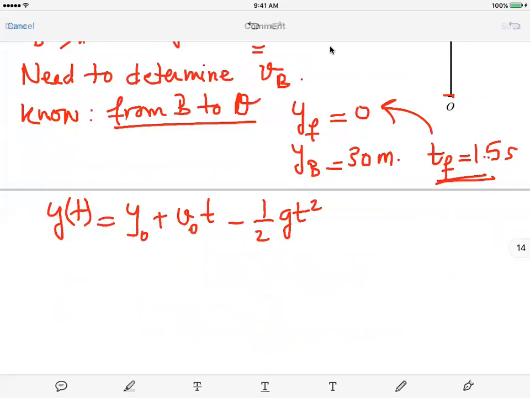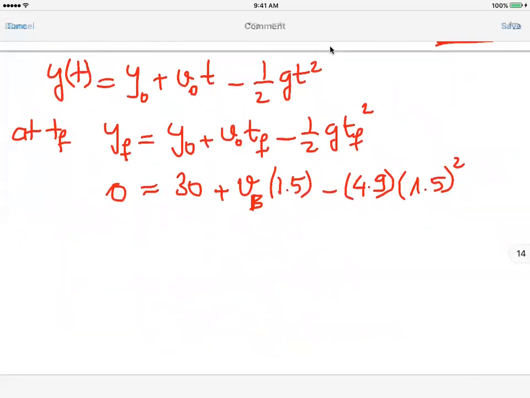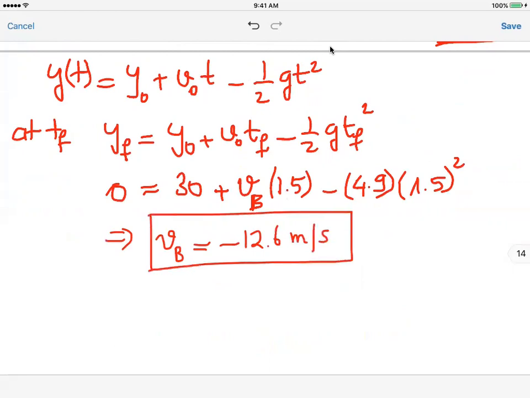And so if you just solve the equation that we have written here, you end up with the value of the velocity vb that is equal to minus 12.6 meters per second. So actually, this is vb.